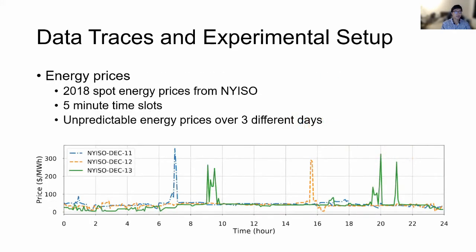Then for energy prices, we use an open dataset from the 2018 New York electricity market. And here are the spot energy prices on 3 different days in December. Noticeably, the prices peak at different hours on different days. So this combination of unpredictable energy demand and prices motivates taking an online approach for this electricity market problem.